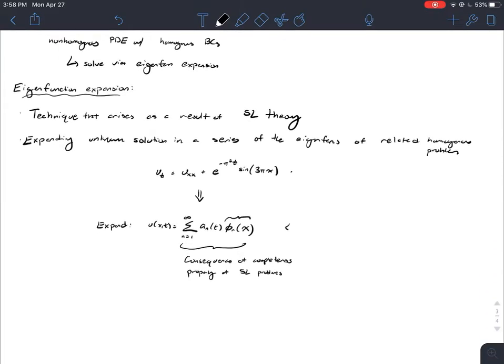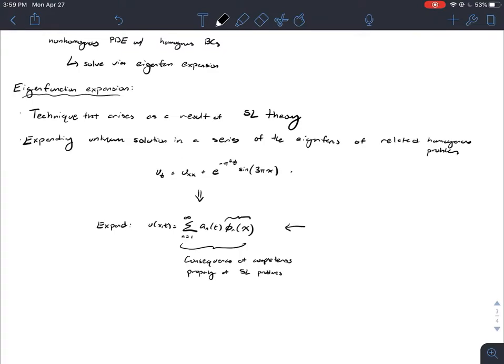The expansion I've put here, u(x,t) equal to an infinite summation of a sub n of t times phi n of x, is a direct consequence of the completeness property of Sturm-Liouville problems. And the completeness property, if you remember, is essentially the ability to write any initial condition in terms of a Fourier series.